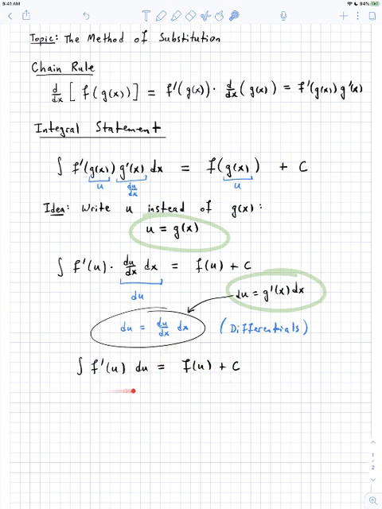So what we've done is simply rewritten the expression so that it looks as if it's saying to us the antiderivative of f prime is f plus a constant, of course. Now this is just simply the statement that f is the antiderivative of f prime, and this is definitely true.